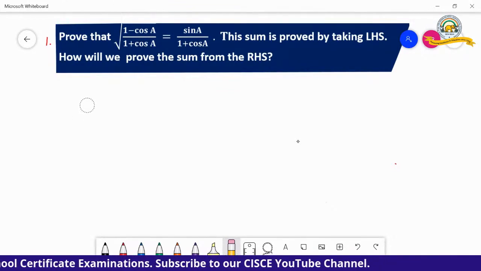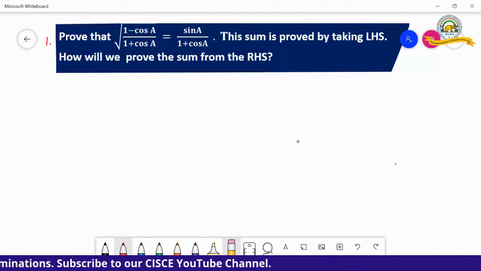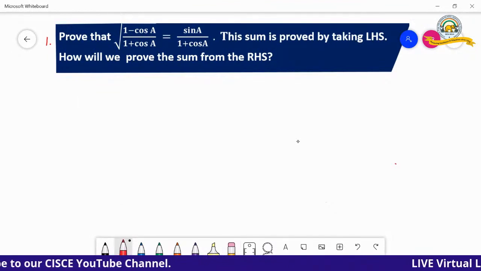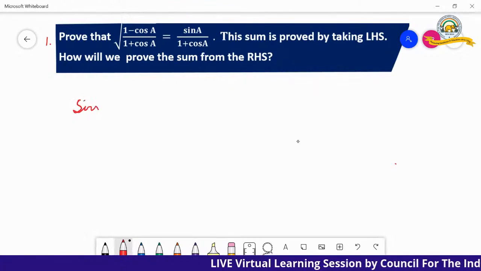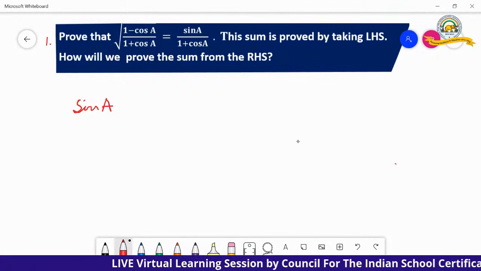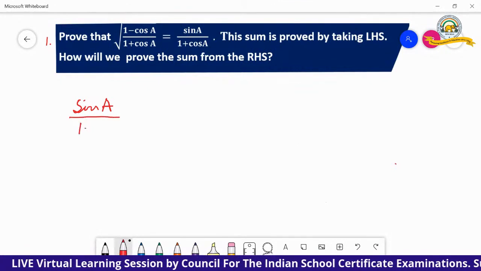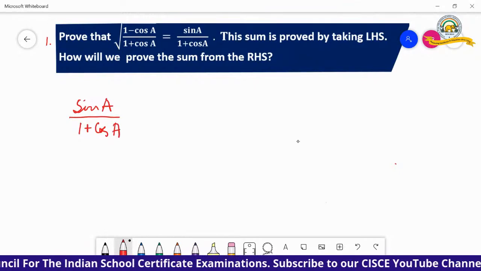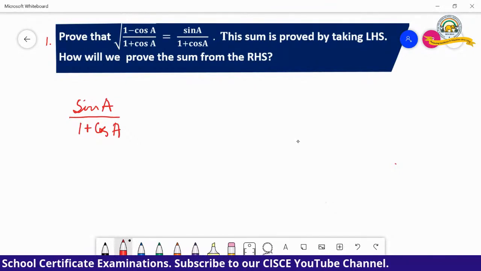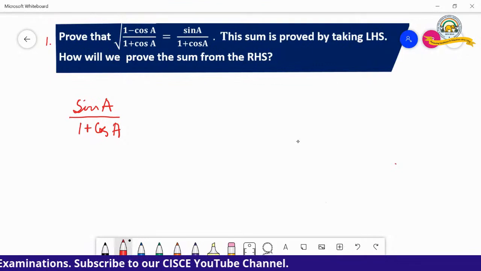So what are we getting here? Let us take a bright color. Now sin A by 1 plus cos A. So you are thinking, is it possible at all? Yes, why not?